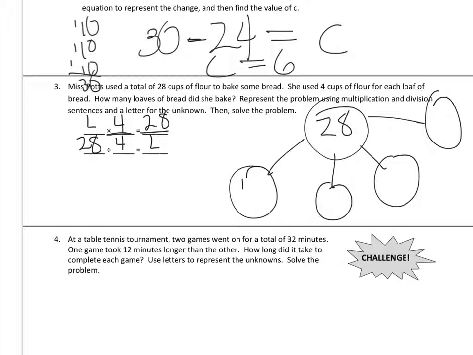So I'm going to go 1, 2, 3, 4, 5, 6, 7, 8, 9, 10, 11, 12, 13, 14, 15, 16, 17, 18, 19, 20, 21, 22, 23, 24, 25, 26, 27, 28.